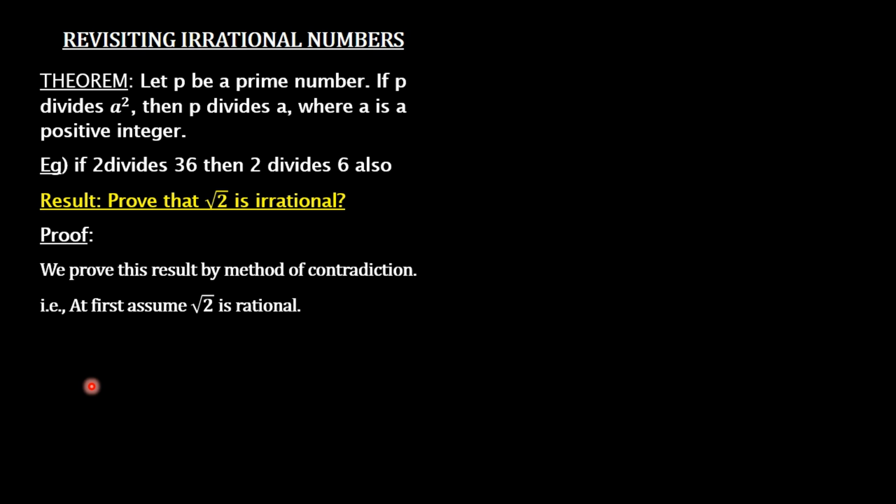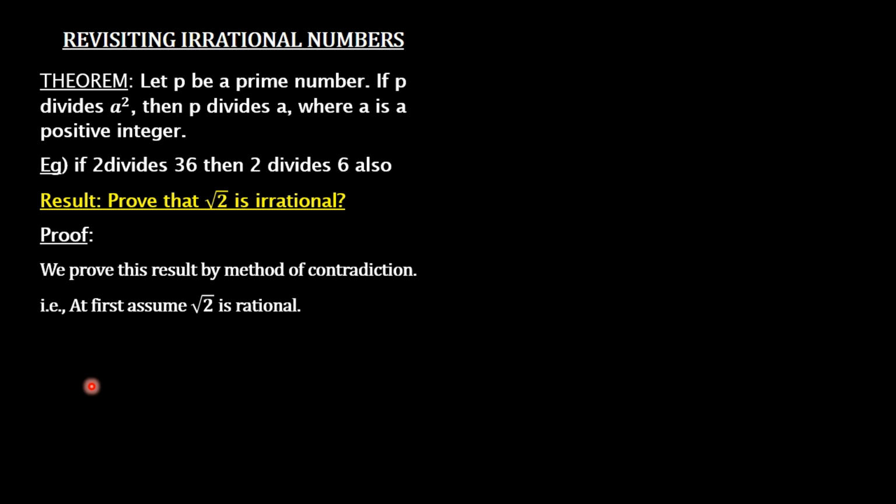If we get something wrong on that path, we can conclude that root 2 is irrational. So we have two paths: root 2 is an irrational number, and root 2 is a rational number. We move by the rational path and prove that path is wrong, and the correct path is that root 2 is an irrational number.